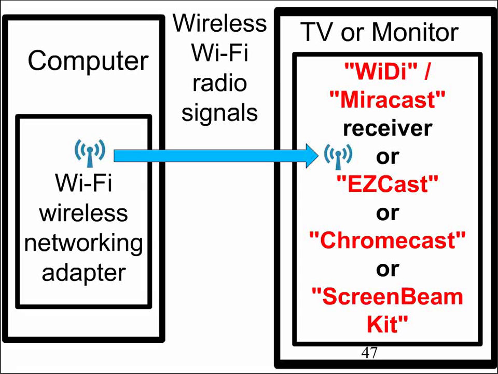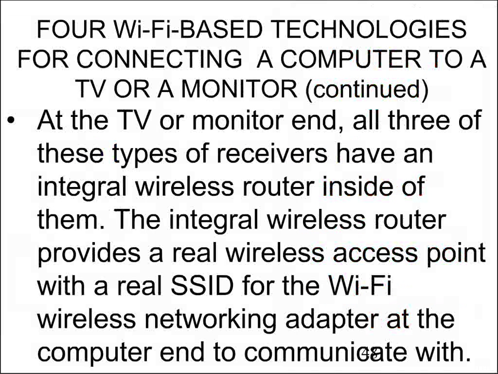And the receivers are what most of these companies are willing to sell you. Some of the smart TVs have these receiver chipsets already inside them. It depends on which TV you buy. You can't guarantee any one TV will have any or all of these technologies. So you have to read the specifications on any particular TV very carefully if there's a particular technology you want.